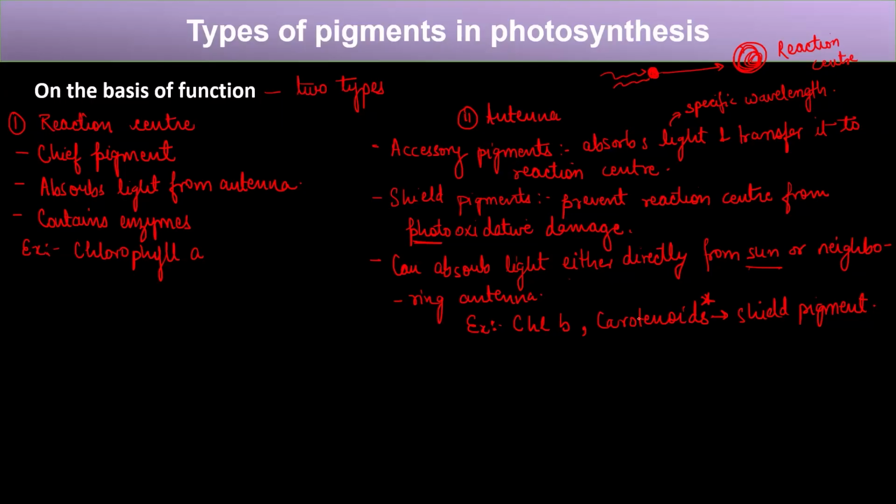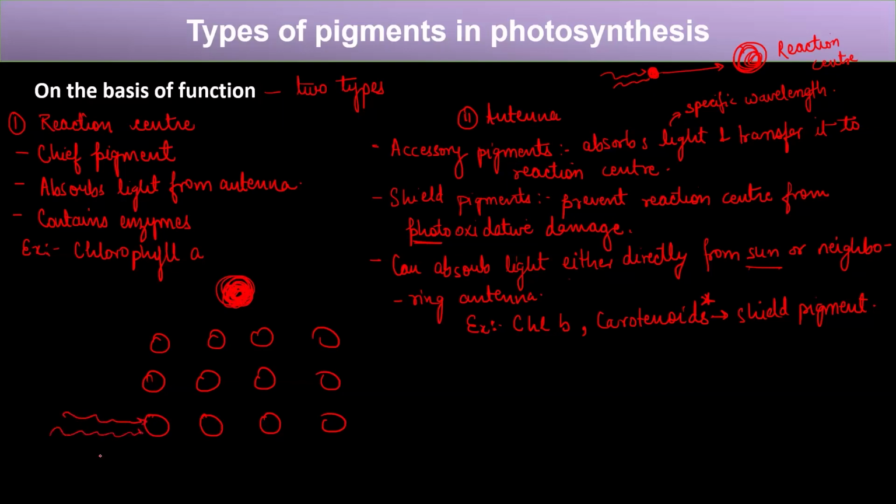But these antennas comprise a group of pigments, something like this. Suppose this is 1, 2, 3. These are all your antennas, and here is your reaction center. Now suppose this one absorbs light, and this light is of very high intensity. But as it moves, because it is not only one but many such pigments, once it absorbs light it causes the excitation of the electron.